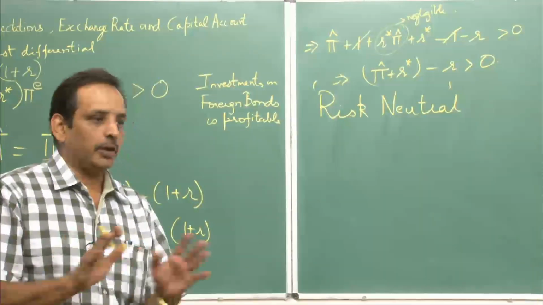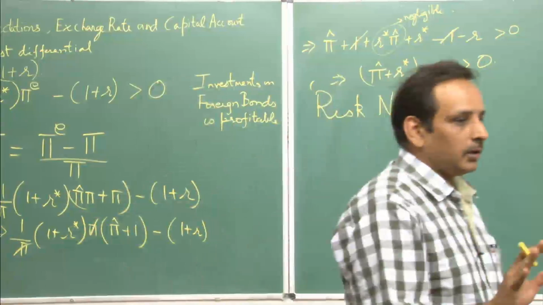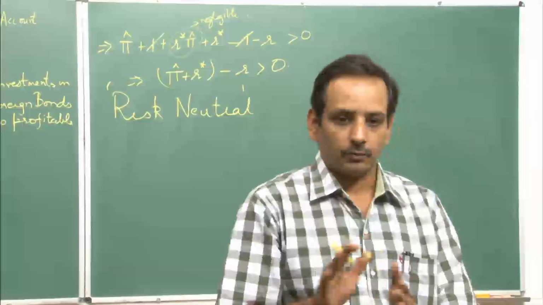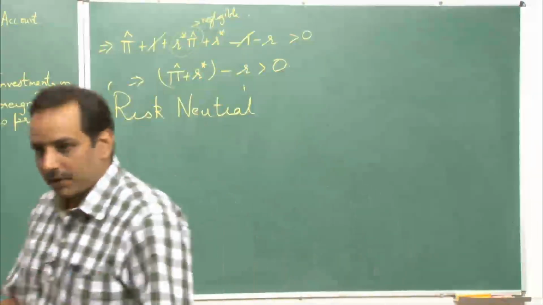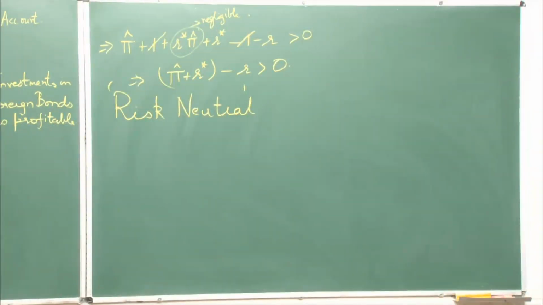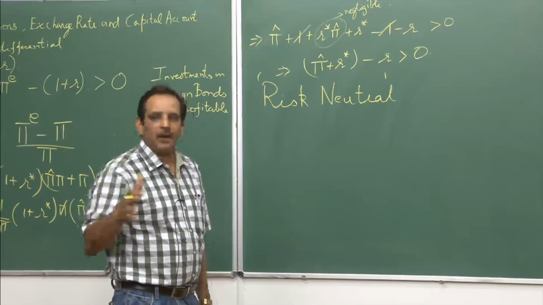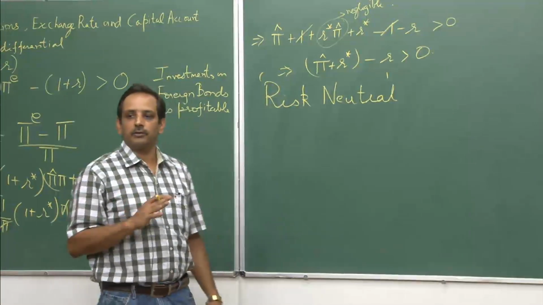If you are risk averse, you will not completely switch, but because you are risk neutral, which means that domestic and foreign bonds are perfectly substitutable, you put your money entirely into the foreign bonds.